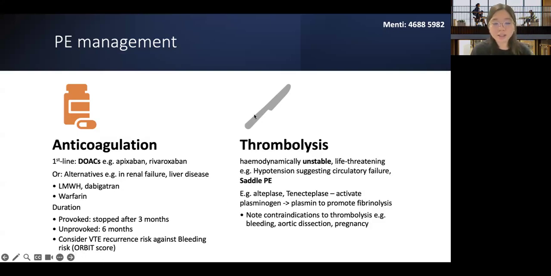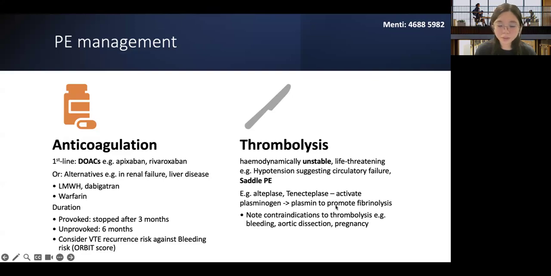And let's say they are hemodynamically unstable. For example, a more life-threatening severe PE would be a saddle PE, whereby the clot is obstructing both pulmonary arteries, so both sides of the lung are affected. You would do something called a thrombolysis, which is similar to what I mentioned just now with the ACS, so alteplase.